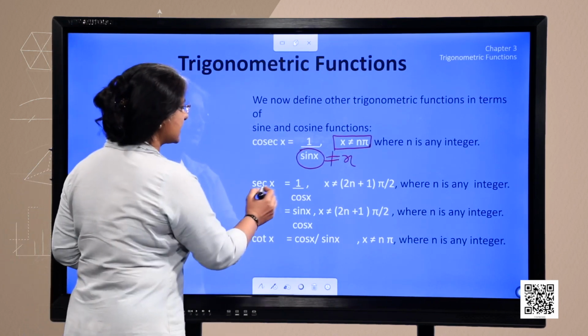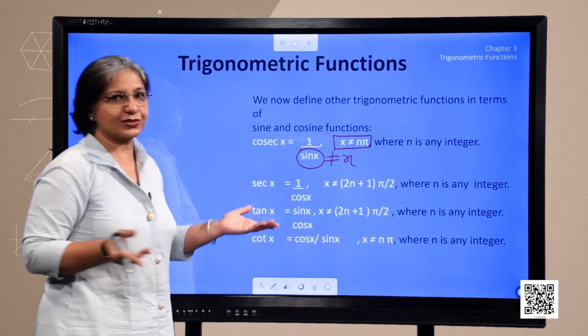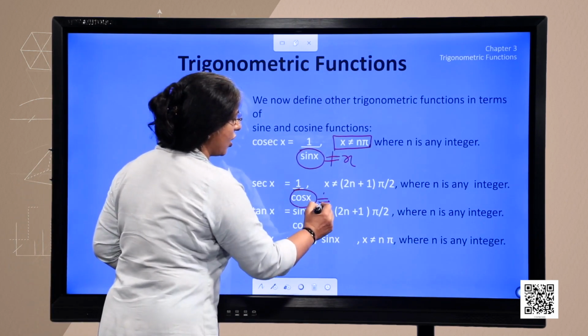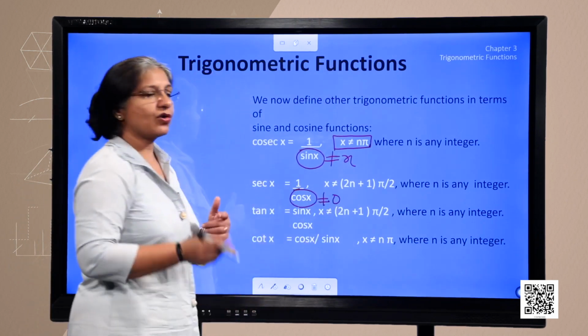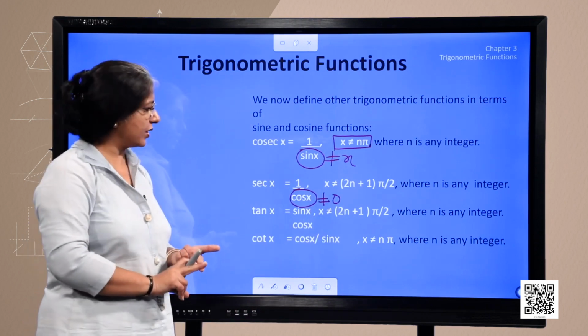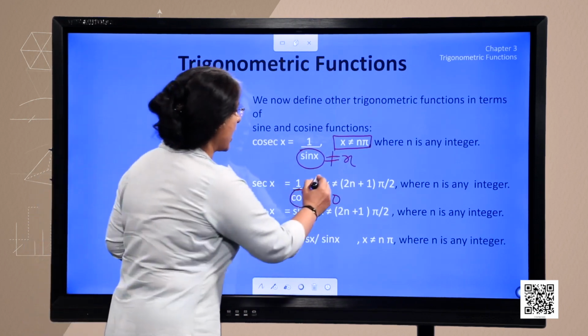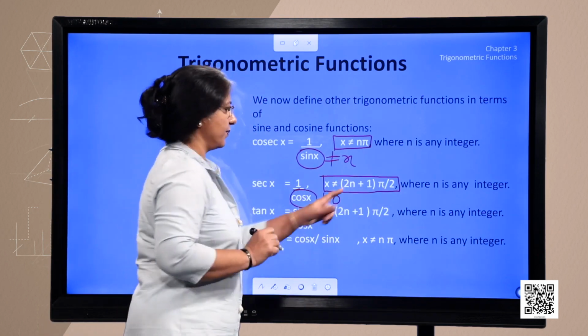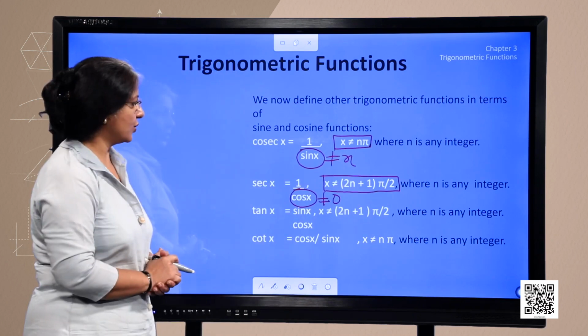Similarly, secant x is equal to 1 upon cos x. As you know, here the denominator is cos x, again the denominator should not be equal to 0. When cos x is not equal to 0, we need to have x not equal to an odd multiple of pi by 2.